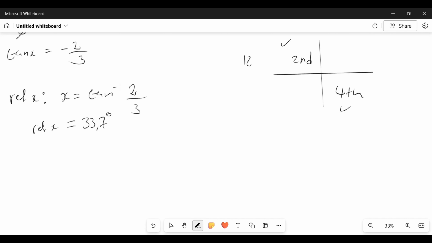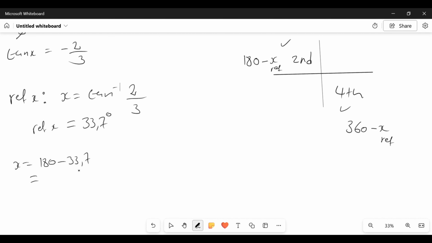Remember, this is how we represent the 2nd quadrant: 180 minus x, right? And the 4th quadrant is 360 minus x. So this x here is our reference angle. There we go. So our x is going to be 180 minus 33.7.